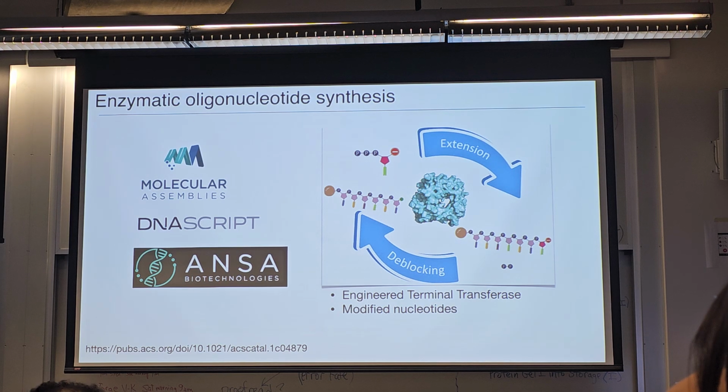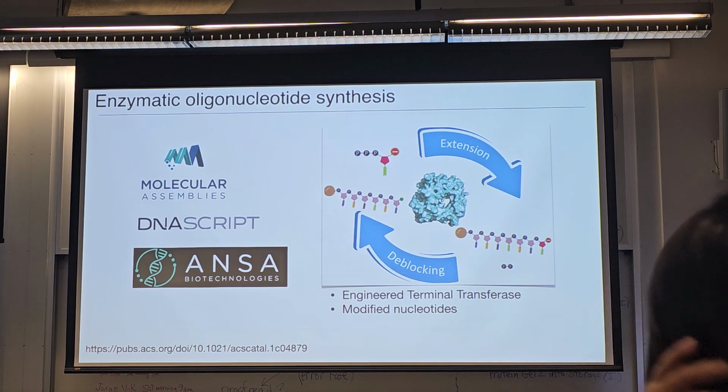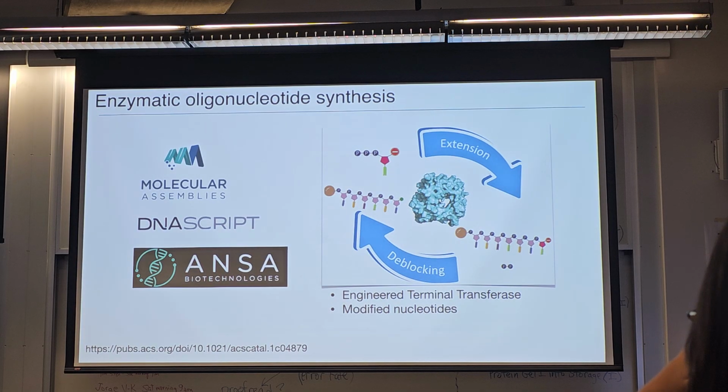There are companies that are trying to do this, and they're arguing that they can make longer pieces of DNA, more accurate and faster and in a cleaner way. So again, enzymes are a biological process, and there's not a whole lot of chemical waste here.